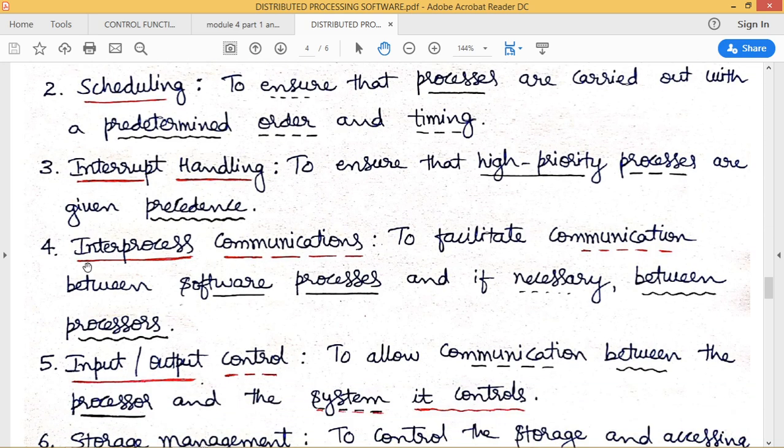Similarly, let us deal with interprocess communication. When two different processes are performing, one process's output may be the input for the other process. So we need to facilitate communication between software processes, and also sometimes, if necessary, provide communication between two different processes.